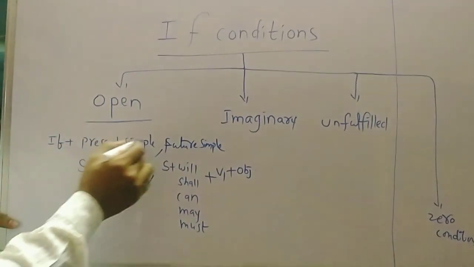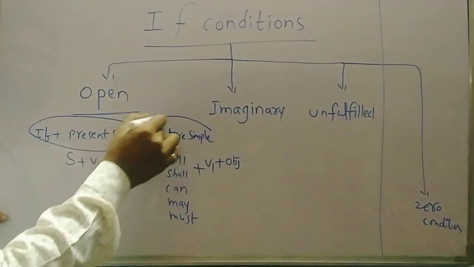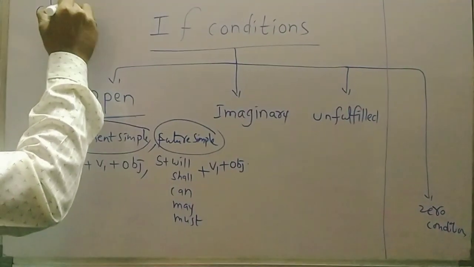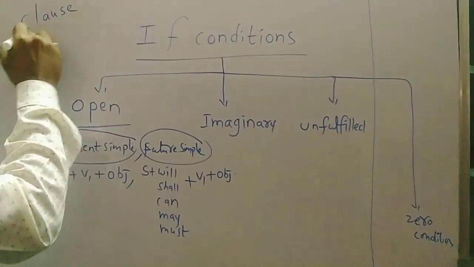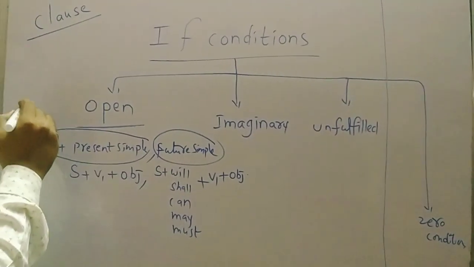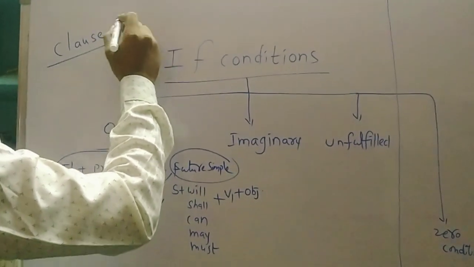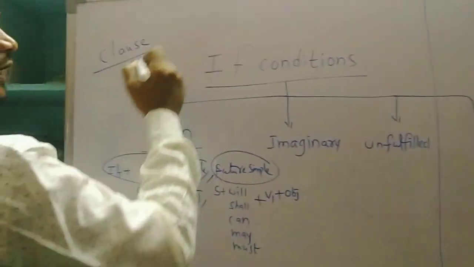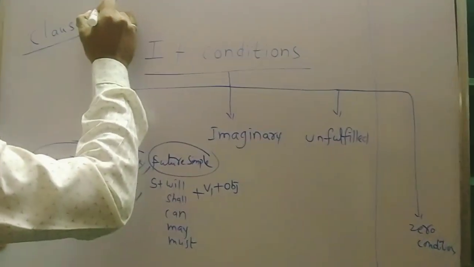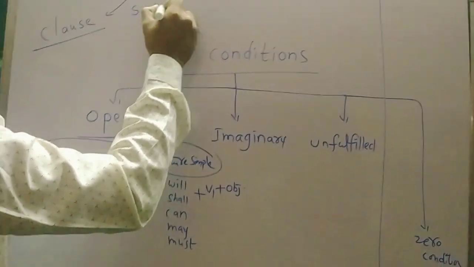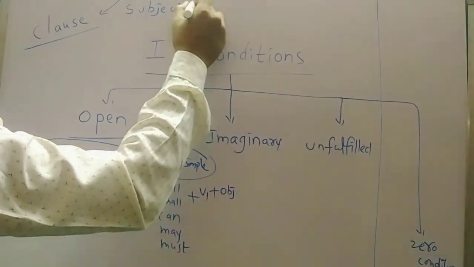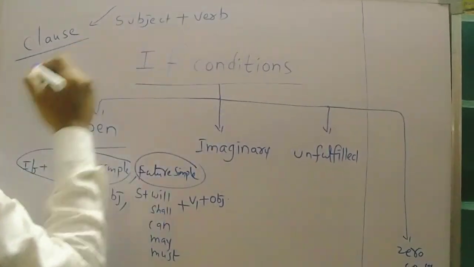First of all, here we have 2 clauses. What is a clause? Clause is nothing but a group of words which gives complete sense. To give complete sense, we need subject and verb.